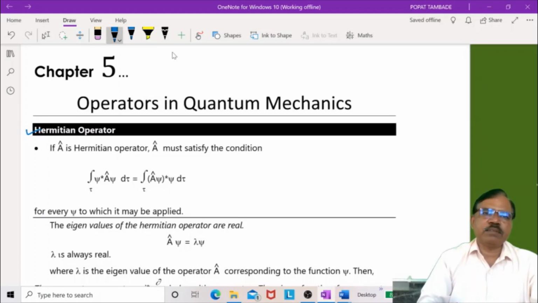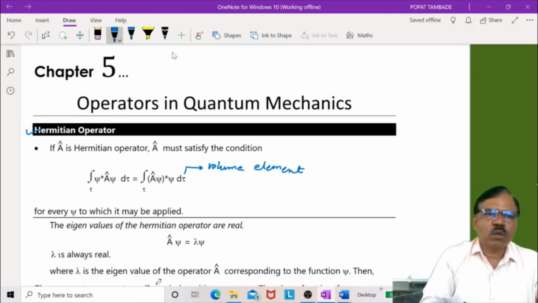Means A must satisfy this integral: the integral of psi star A psi d tau is equal to the integral of (A psi) star psi d tau, where d tau is the volume element and tau is the entire volume on which the integral is taken. So when operator A is Hermitian, it will satisfy this condition.